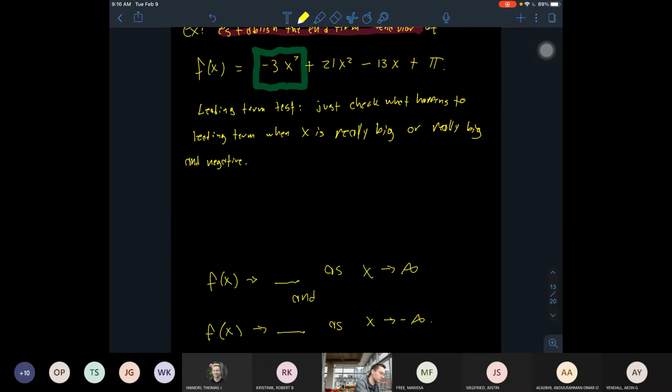Okay. So x very large is going to give us negative 3 x to the 7th equals negative 3 times a very large number.